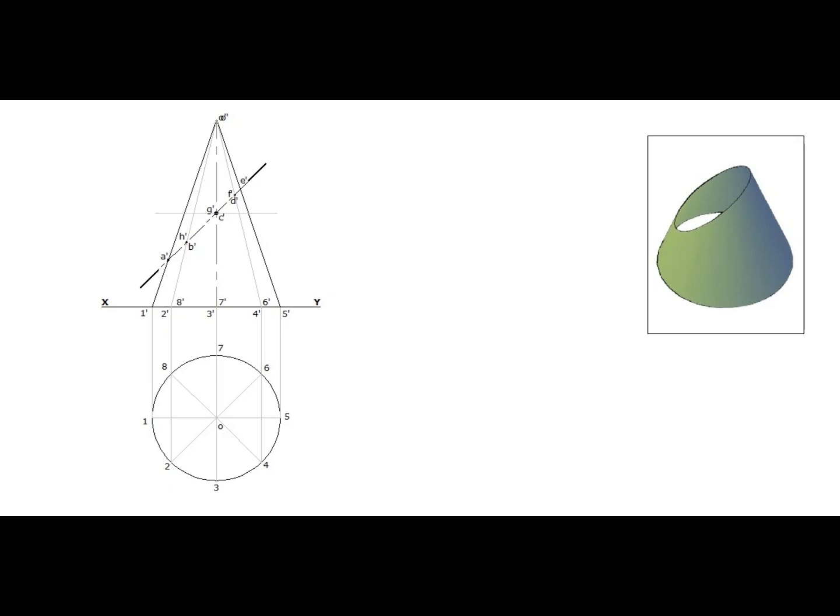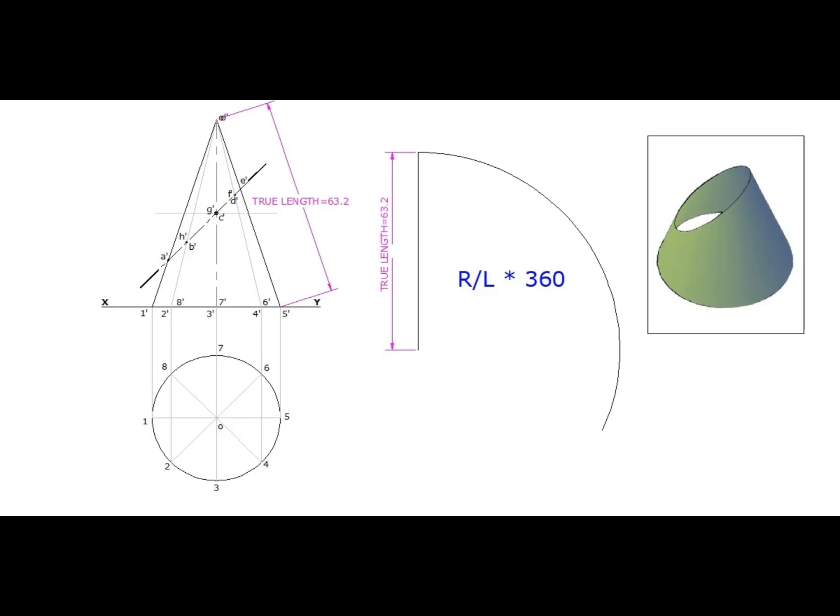Now, for drawing the development part, measure the true length of the generator. At a convenient place, mark the point O, and draw a line with length equal to that of the generator. Also draw an arc with the same distance as radius. Since a cone does not have any base edges, the included angle of the development is to be calculated using the formula radius of the cone divided by its true length of generator and multiplied by 360.